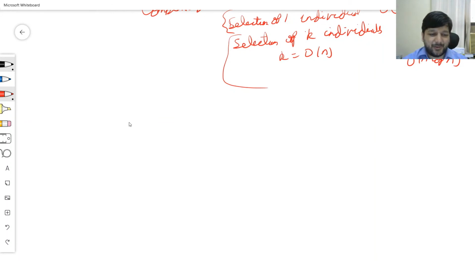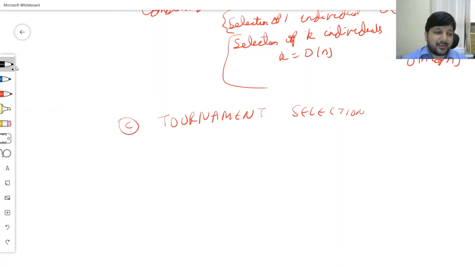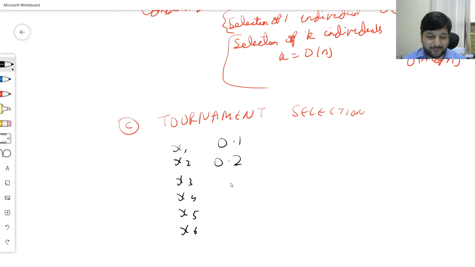And let me give you another variety of it. It's called tournament selection. So let's say that's my individuals x1, x2, x3, x4, x5, x6, and these are some probabilities of getting selected.